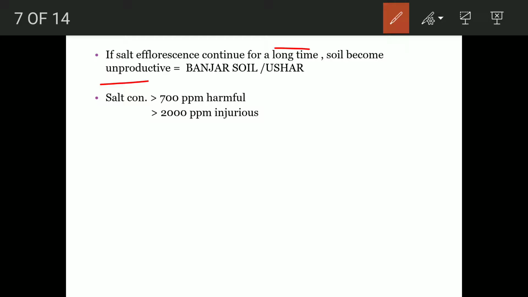Such soil is called Banjar soil or Usar. It is said that if the salt concentration in the soil is greater than 700 ppm, it is harmful for the crops. If it is greater than 2000 ppm, it is very injurious for the crops.